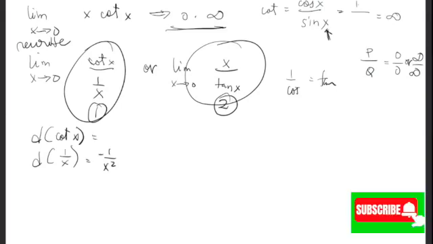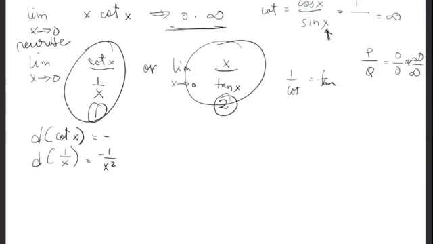It's the derivative of cotangent. Negative cosecant squared x. Yun. Negative cosecant squared of x. Okay. Ano nga ba yung cosecant? Cosecant of x is 1 over sine, right?